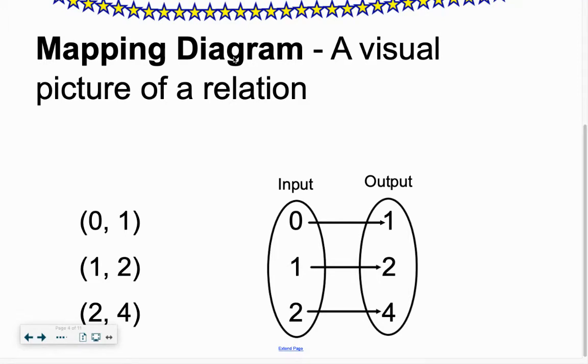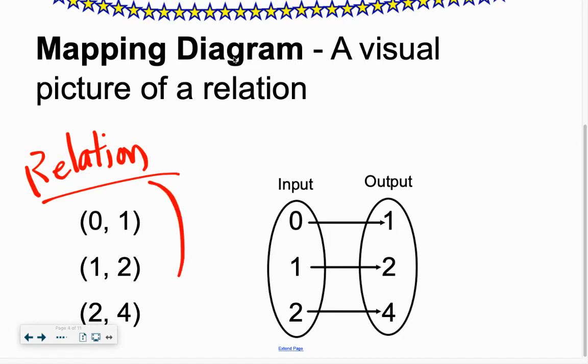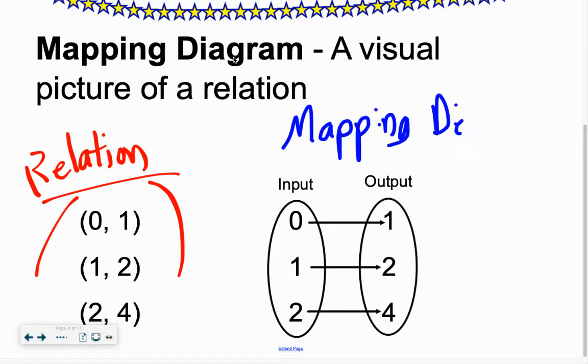Right here, these are a bunch of ordered pairs. That makes this whole column, everything here, a relation. All those points are a relation because they're a set of ordered pairs. And then over here, this is what a mapping diagram looks like. Notice how every input is mapped or connected to its output.